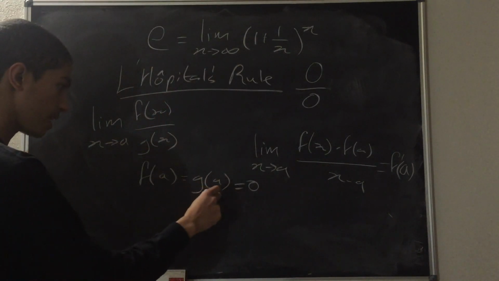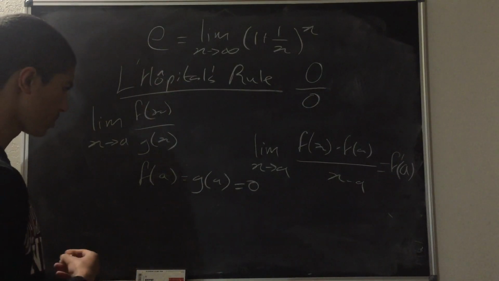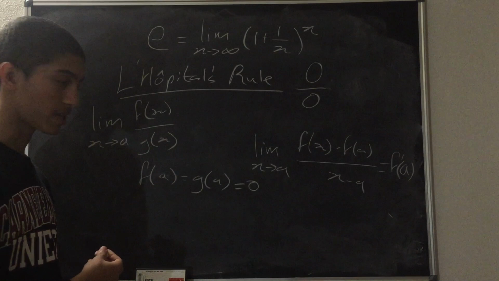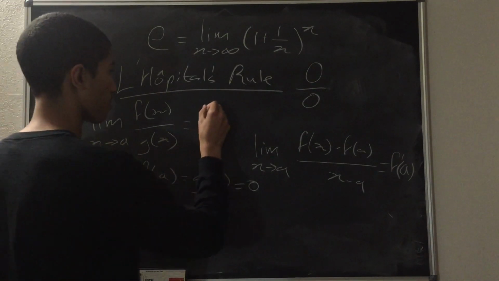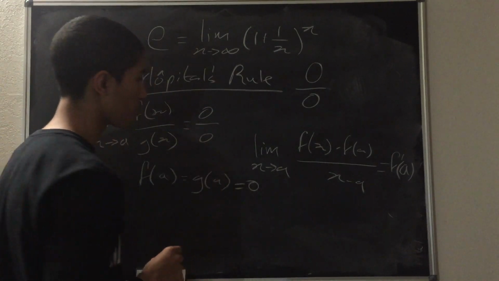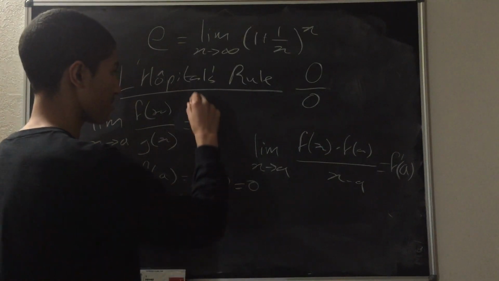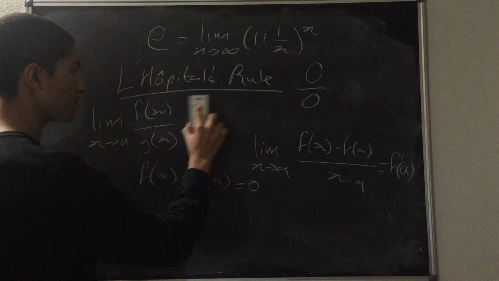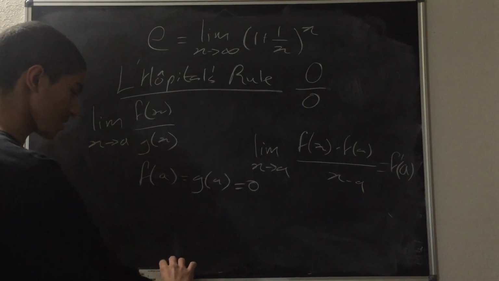So both f of a and g of a equal 0, which is why when you plug in a for x in both the numerator and the denominator, you end up with 0 divided by 0, which is an indeterminate form. So how do we find the solution for this?